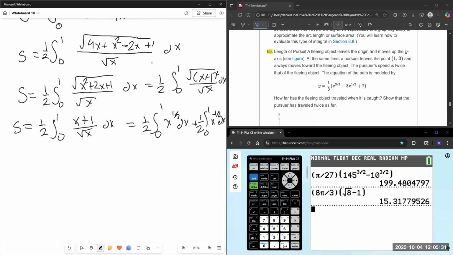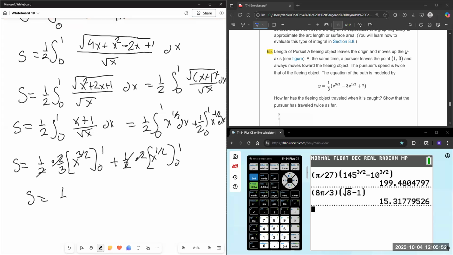And s is equal to 1/2 x to the 3/2 times 2/3 from 0 to 1 plus 1/2 x to the 1/2 times 2 from 0 to 1. And s is 1/3 of 1 to the 3/2 minus 0 plus 1 to the 1/2 minus 0.